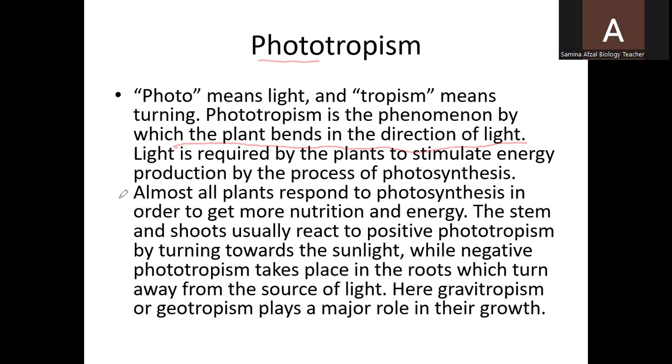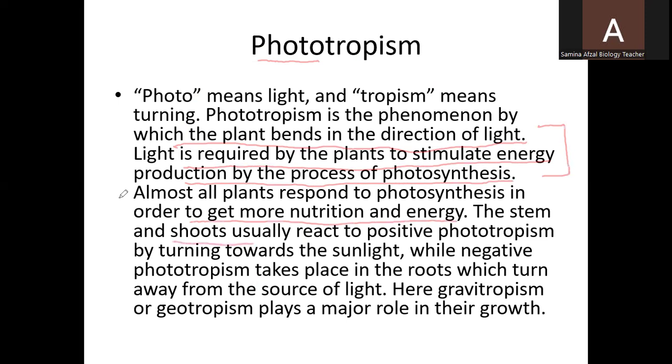Students, we know that light is required by the plants to stimulate energy production by the process of photosynthesis. And photosynthesis cannot take place without sunlight. So almost all plants respond to light in order to get more nutrition and energy.